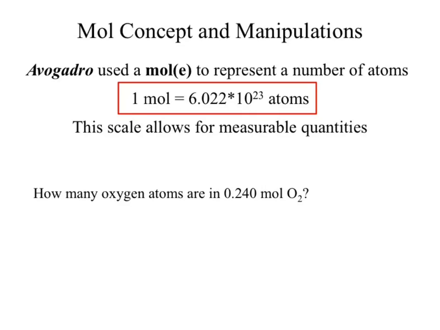How many oxygen atoms are in 0.240 moles of O2? Let's start this off. What do we want for our answer? It says oxygen atoms. What is the formula for an oxygen atom?